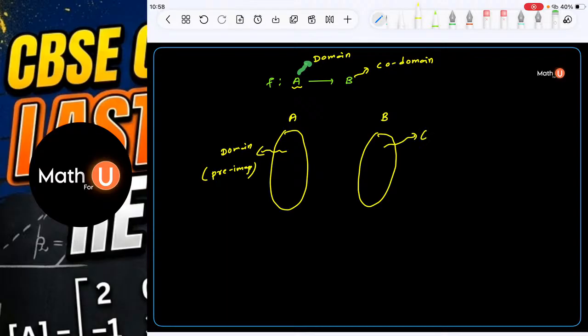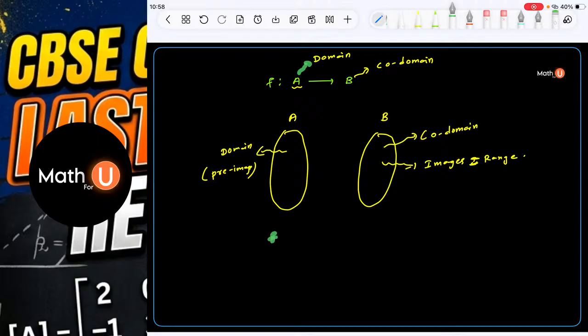Whatever elements belong to this codomain are called images, which is also called the range. You should remember these points.